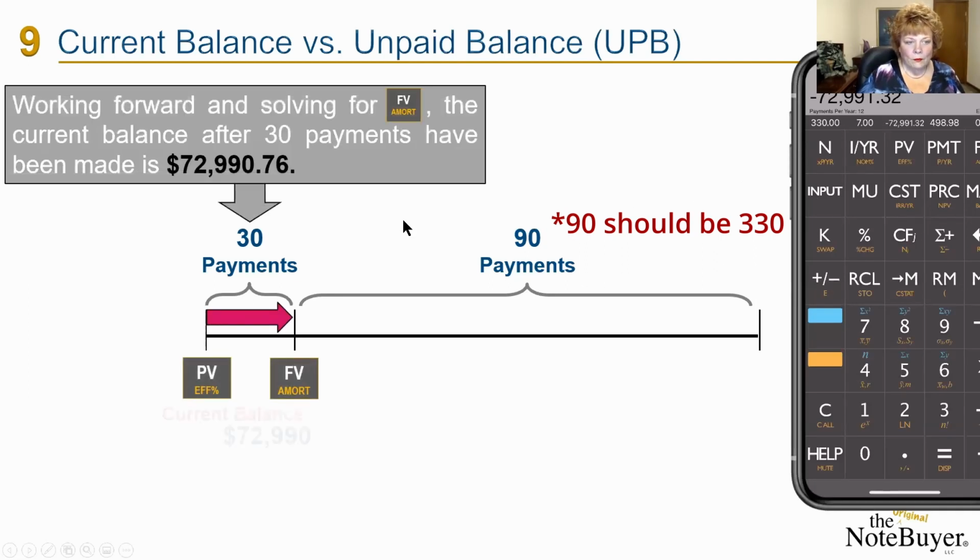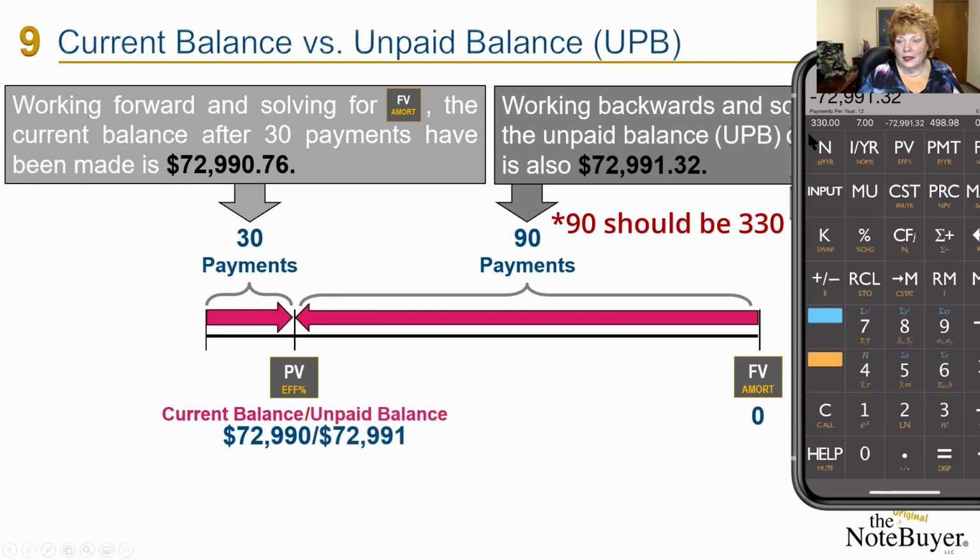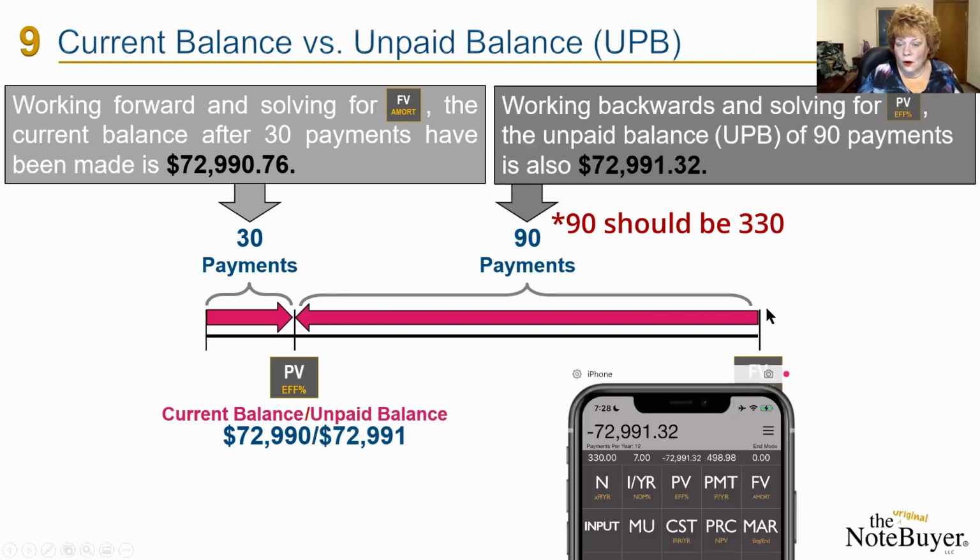Now, if you work forward, do you see that you start at PV here and you go to FV here, and that's where we got the $72,990. But if you work backwards to calculate the unpaid balance, in that case, you're starting with FV and you're solving for PV.